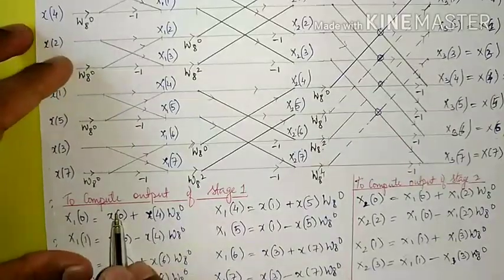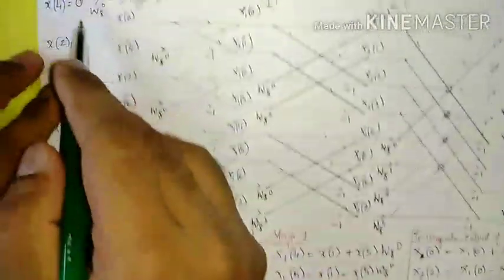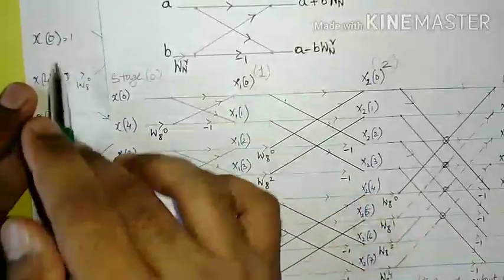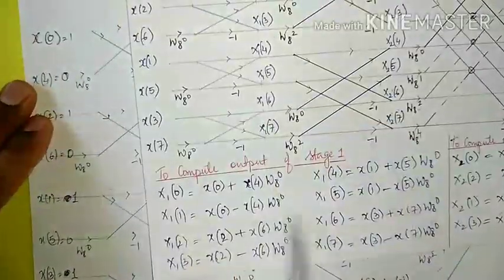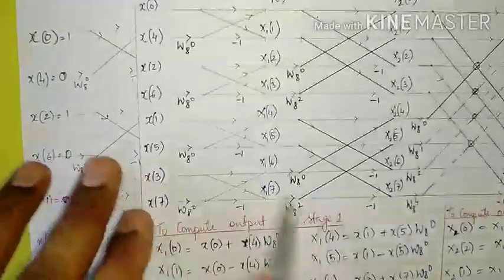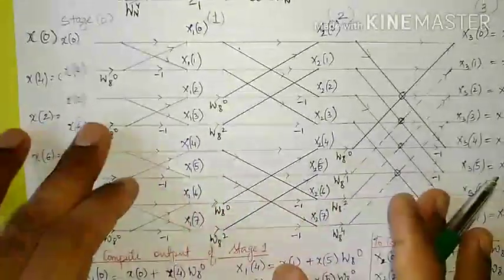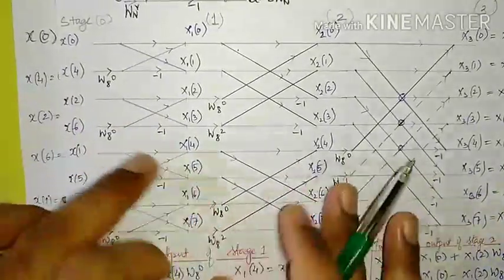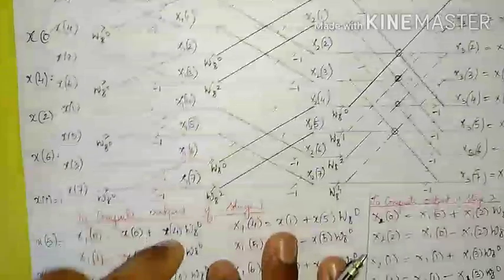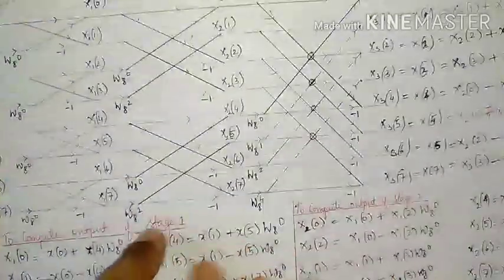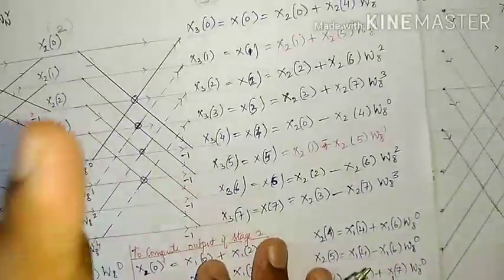Or if you can easily look at the values of these inputs and substitute, no problem. But draw the structure very correctly with all the values, with all the arrows. Then calculate the stages separately. It will be easy for you to get the final answer.